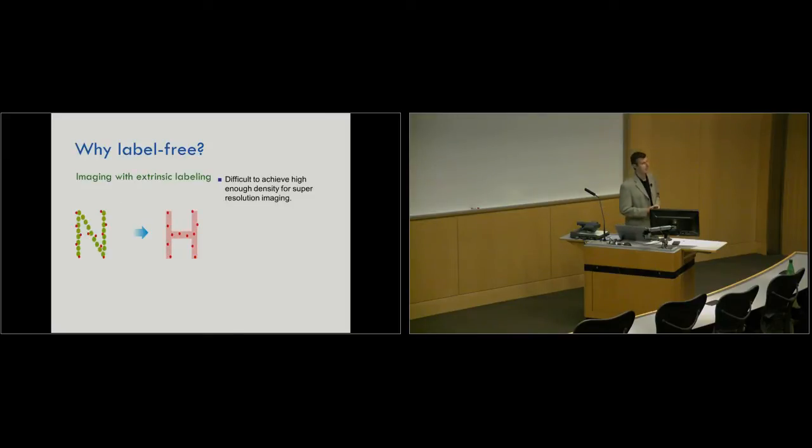But let me point out one thing: in many applications, especially when we talk about cancer hallmarks, imaging with a label has limitations, and there are a few reasons why. For one thing, if you work with live cells or live tissues, you can't label everything.